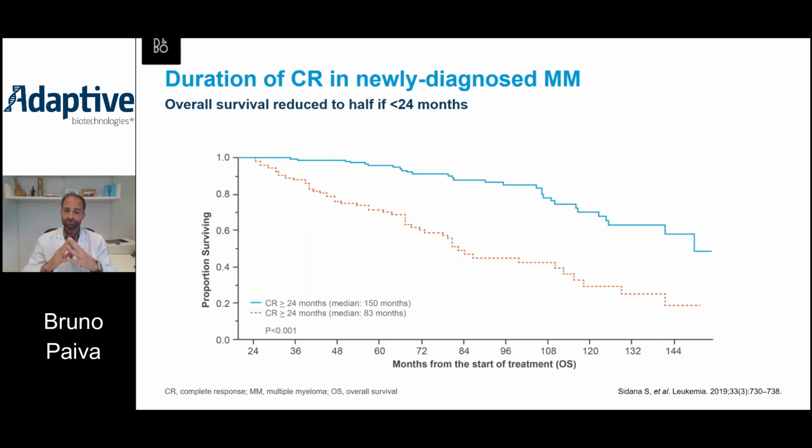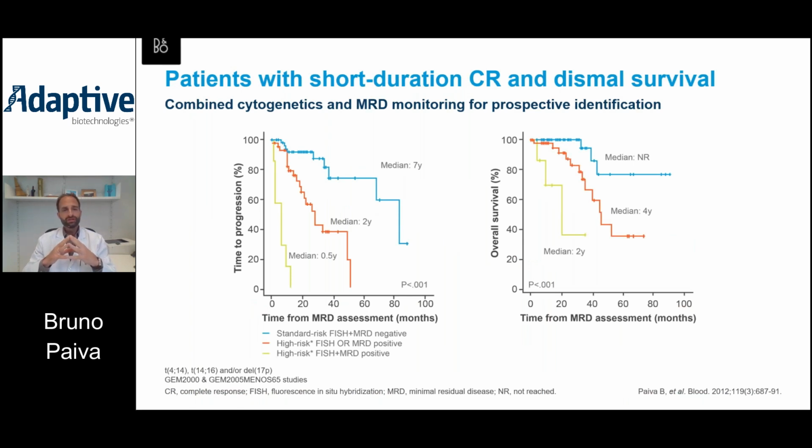Those patients with a duration of CR of less than 2 years have, as you can see in the slide, significantly inferior overall survival. And the reason why I'm alluding to this point is because our group, and fortunately many other groups over recent years, have shown that if you combine information on cytogenetic restratification at diagnosis plus patient's MRD status after treatment, both biomarkers are very powerful to identify prospectively those patients at risk of short duration CR.